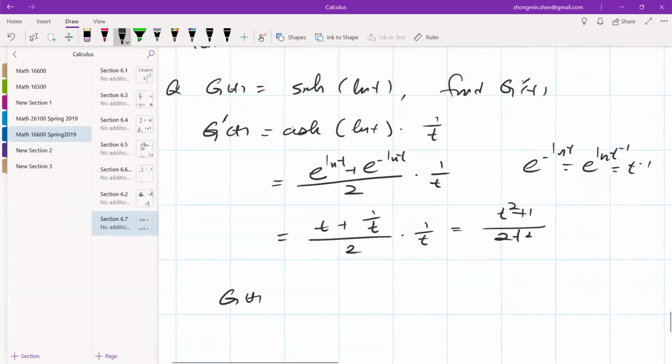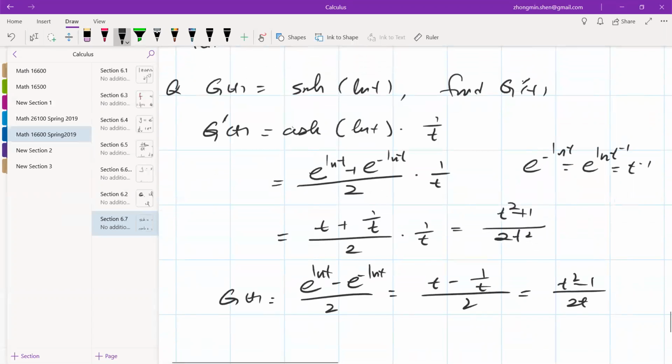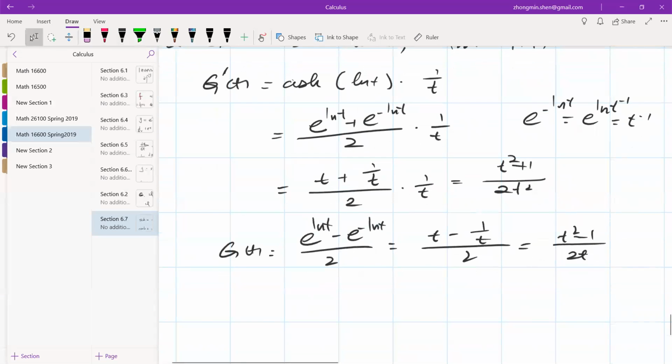So I can simplify at the very beginning, and I get t minus 1 over t, over 2. If I combine them, it's t squared minus 1 over 2t. Or I can write it in this form, which is better.